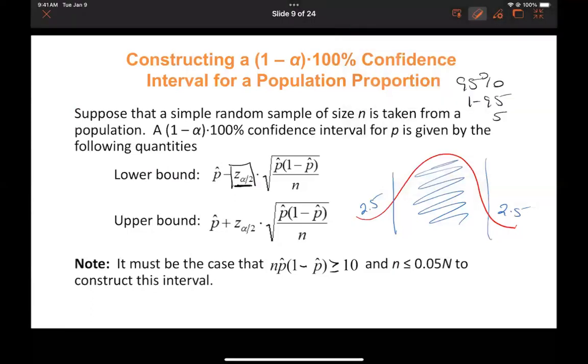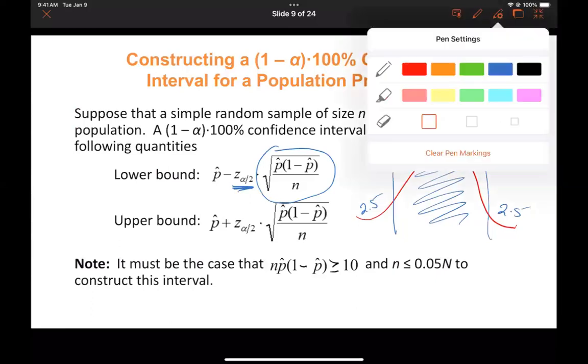So what we do for the margin of error is you take the z-score and you multiply it by the standard deviation. The z-score times the standard deviation gives you the edge of your confidence interval.